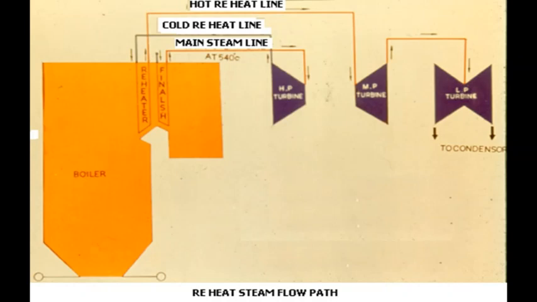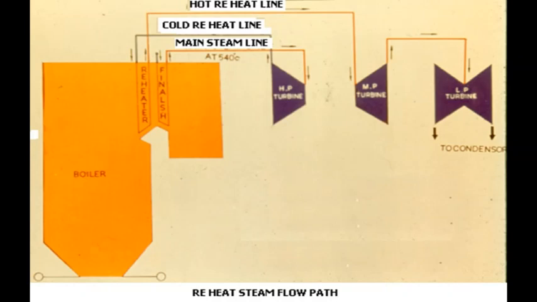This resuperheating is done up to the temperature to which superheating was done, and after this reheating at lower pressure, the steam is returned to the turbine in the intermediate pressure or medium pressure stage, where it is expanded, and from there it is passed on to the LP turbine, low pressure turbine, and finally the exhaust steam is condensed in the condenser with circulating water, where the heat is rejected.